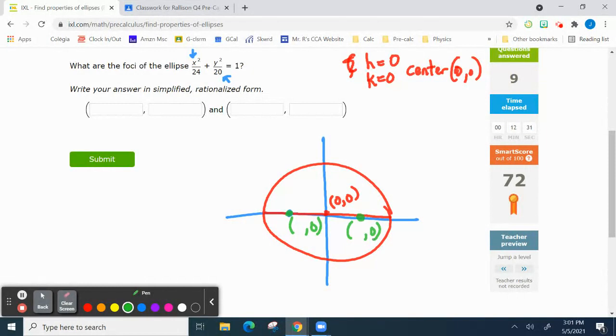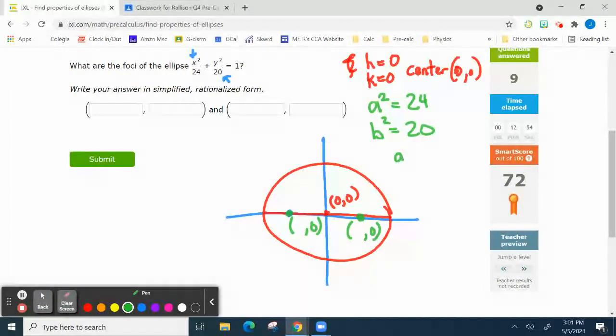Now let's go back over to that other document. Well, let's put down what else we have first, right? We have our A squared equals what? 24. And our B squared equals 20. Right?